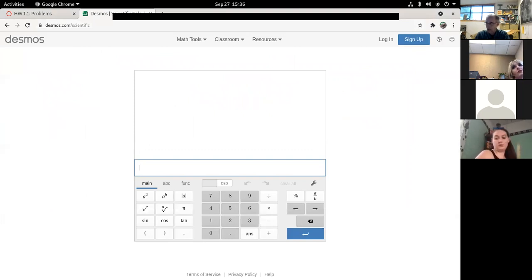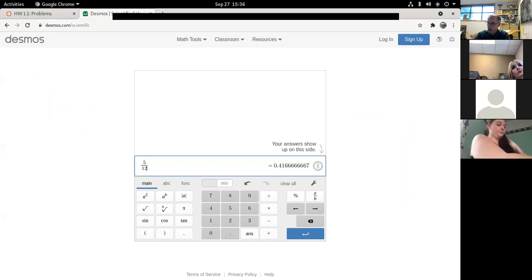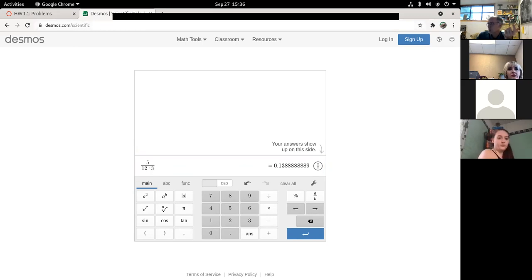I had 5, and then I claimed if I divide by 12, and then, this calculator is kind of a pain. I guess I'm going to have to do it like this. The decimal there is 0.13888. I could round to call it 0.14 or 0.139, but I'd rather avoid rounding until the end.